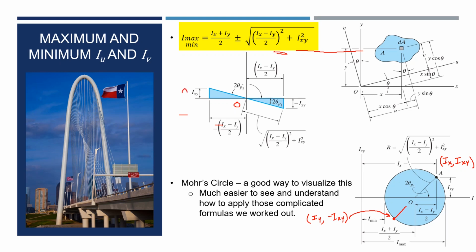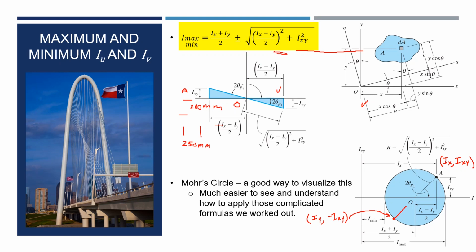Mohr's circle. Now, complicated math. So I min and I max. So here's what theta p represents. Negative Ixy, positive Ixy. The maximum here, and here's that length.